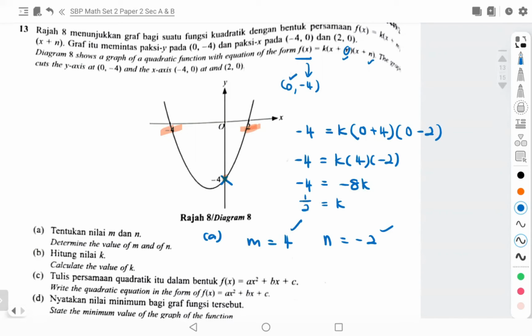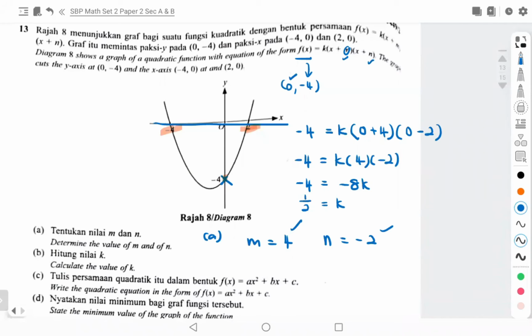Remember, a quadratic function's coordinate refers to a point on it, so you just take a point. Why are m and n the values 4 and -2, not -4 and 2? Because it's like factorization. For the x-intercept, remember how we find it?